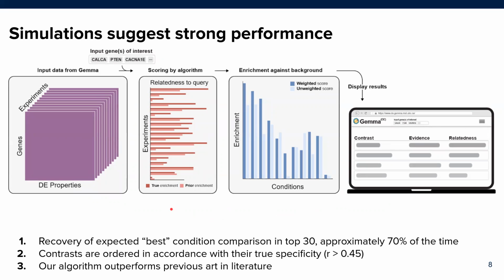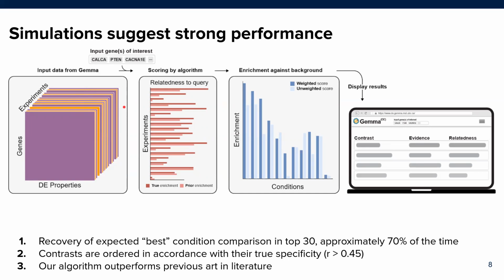And so we developed a pretty extensive simulation framework, which includes both spike-ins, where we insert artificial data into the otherwise real corpus. These artificial orange data sets here are inserted at various levels, either a few experiments or a lot of experiments, and we attempt to recover their contrasts as the top results in our search.